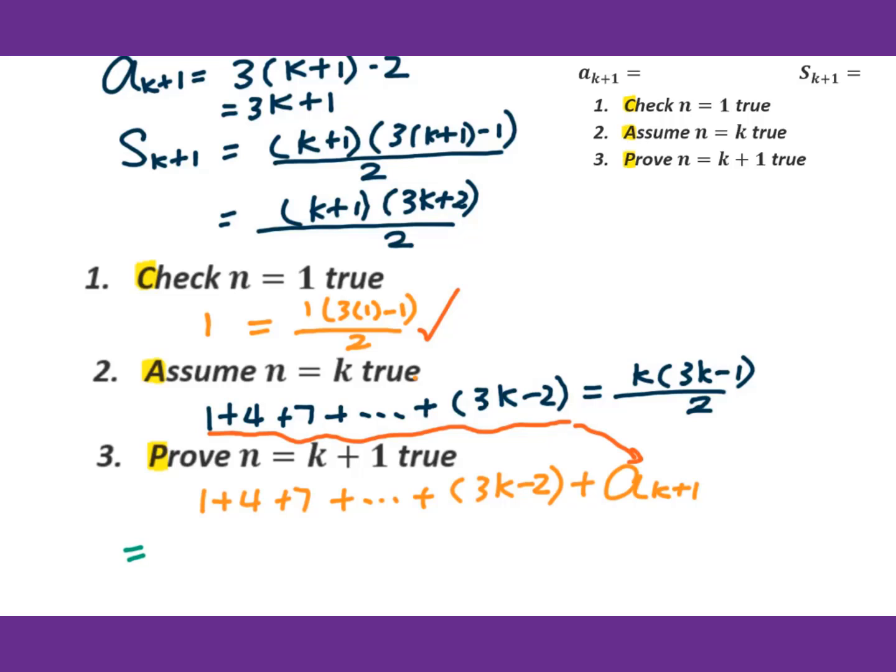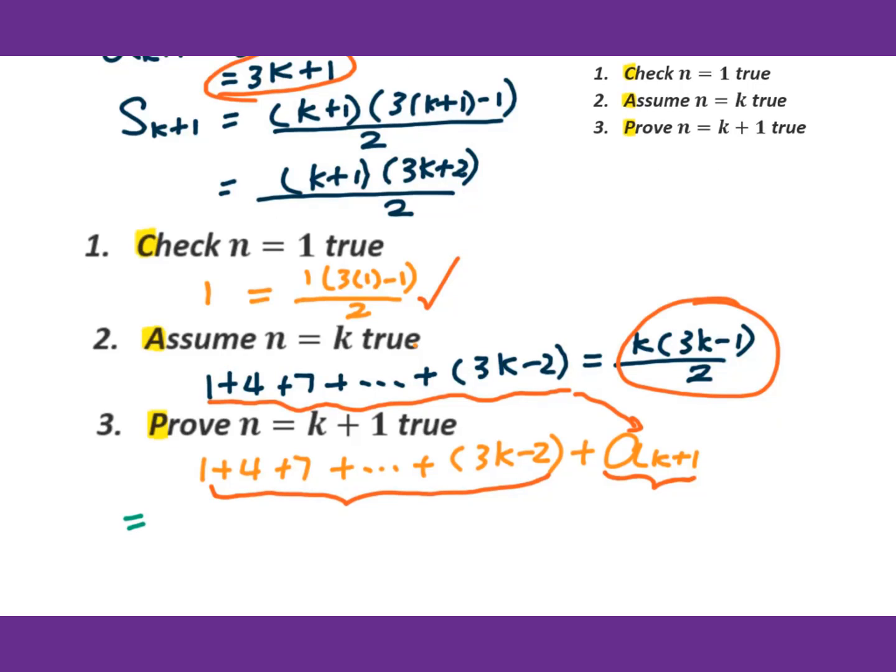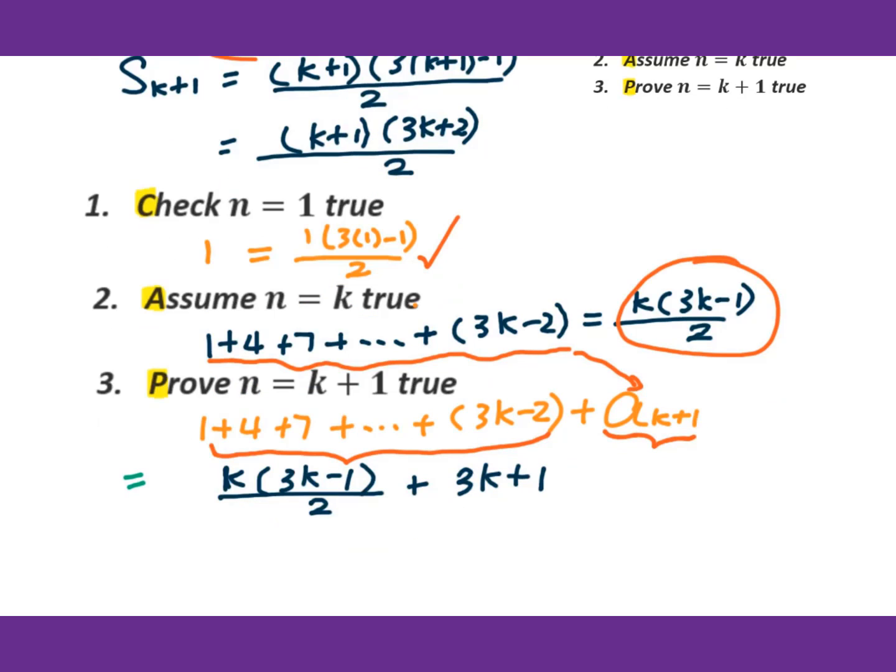We got this part equals this, and a sub k plus 1 equals 3k plus 1. So we get k times 3k minus 1 over 2 plus 3k plus 1.